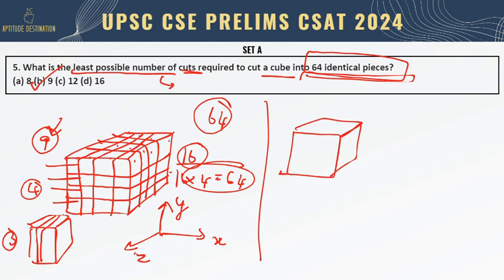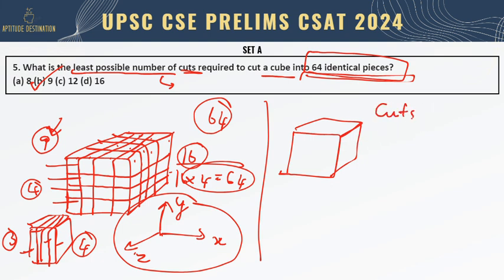So 1, 2, and 3. That's it. I have wasted all the 3 cuts. Now the number of identical pieces I got is 1, 2, 3, and 4. Just 4 pieces. So in order to get the maximum number of pieces with the minimum number of cuts, you need to make cuts in all 3 axes. So now I think this is clear.